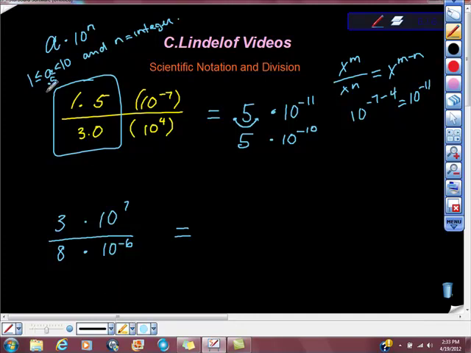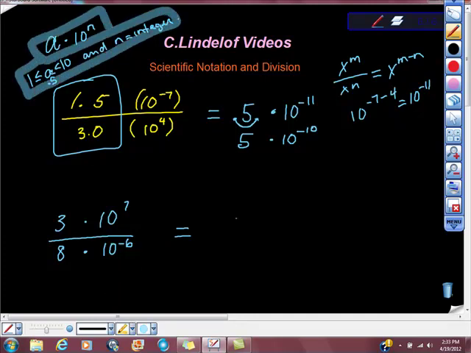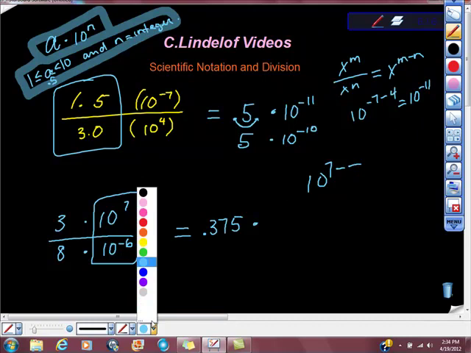Please keep in mind again that this is where we are. We're stuck at this piece right here, aren't we? So let's go ahead and do this piece of work here. And we have 3 over 8, and 3 over 8 is equal to 0.375 times, and then I'm going to look at this. I'm going to do 10 to the 7 minus, right? Because formulaically, we know this is the rule.